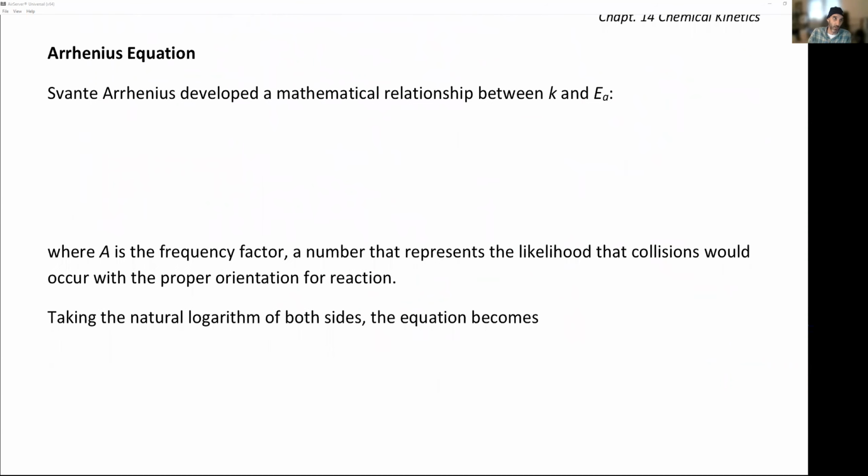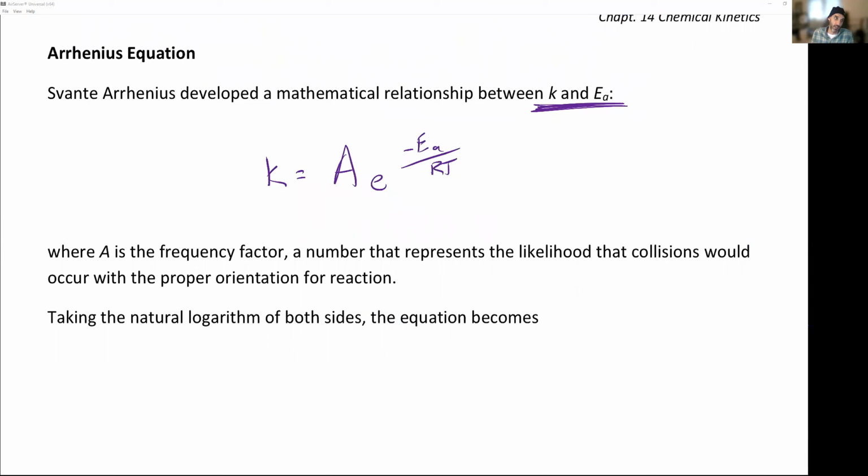So this Arrhenius equation. Arrhenius basically developed a mathematical relationship between our kinetic constant, our rate constant k, along with activation energy. He said, all right, well, k is equal to some constant, a frequency factor, as he called it, times e to the negative Ea over RT.